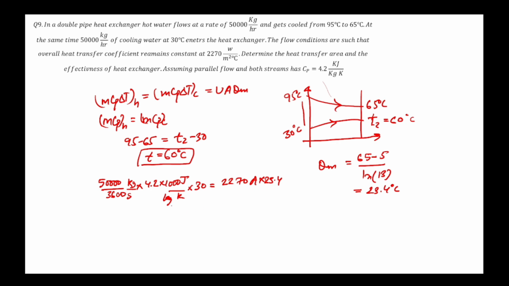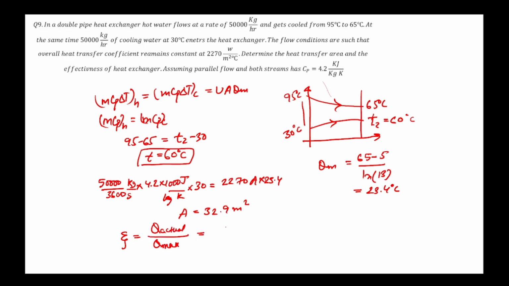When you solve, the area will be 32.9 meter square. Effectiveness. We know that effectiveness is equal to Q actual upon Q maximum.